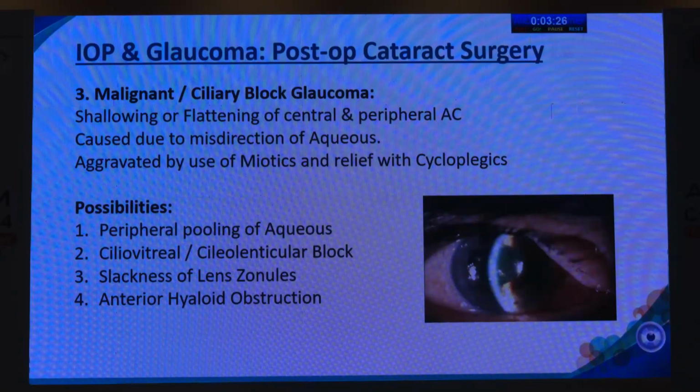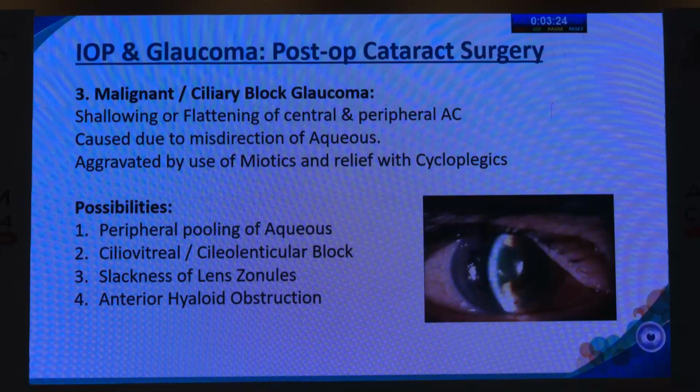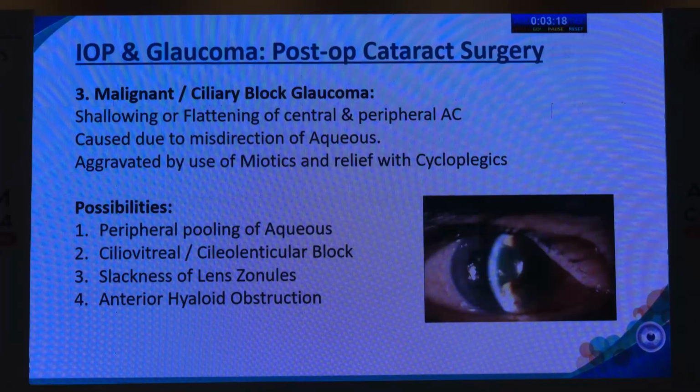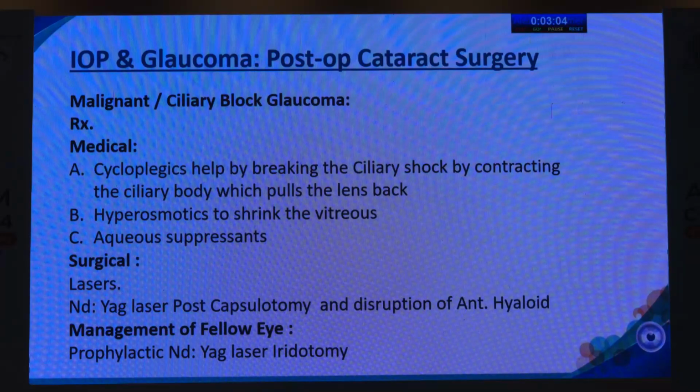Malignant glaucoma is shallowing or flattening of the central and peripheral anterior chamber caused by misdirection of aqueous. It is aggravated by the use of miotics, and generally there is relief with cycloplegics. The possibilities: there can be peripheral pooling of aqueous, a ciliovitreal or ciliolenticular block, slackness of lens zonules, and anterior hyaloid obstruction. How do we manage malignant and ciliary block glaucoma?